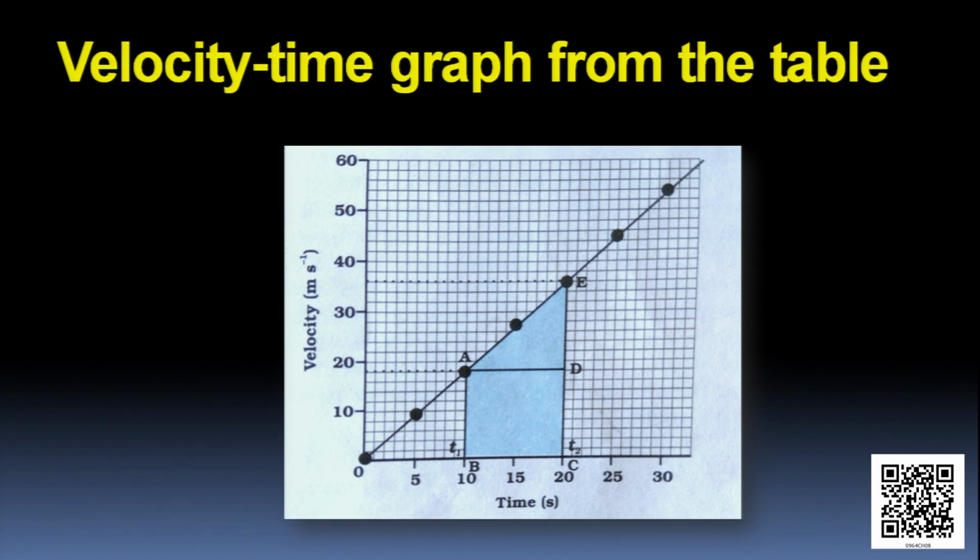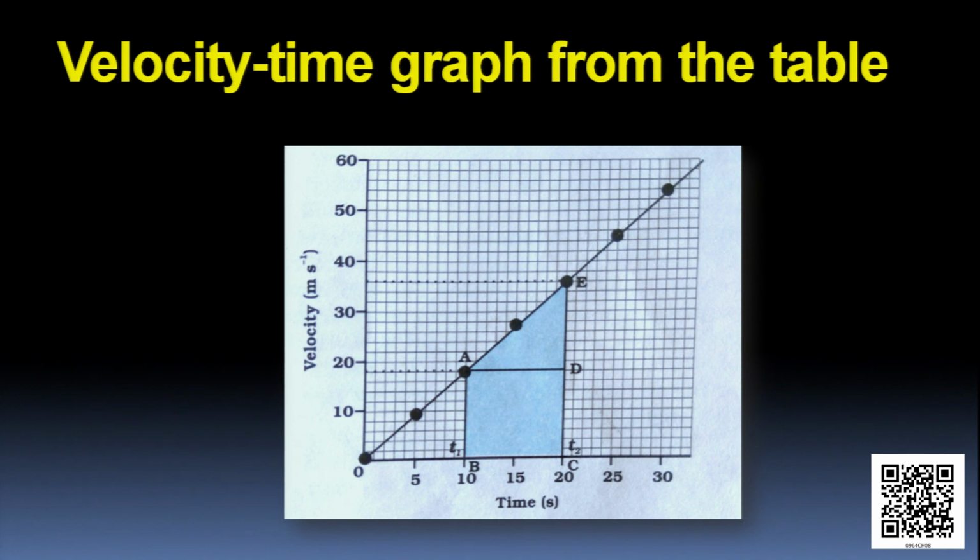At the origin O, both the x coordinate and y coordinate must be 0, 0. Whenever you go along the x-axis, time becomes 5 seconds, 10 seconds, 15 seconds, 20 seconds, like that.